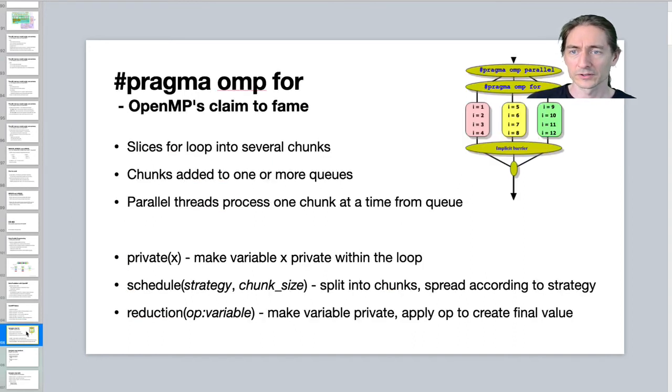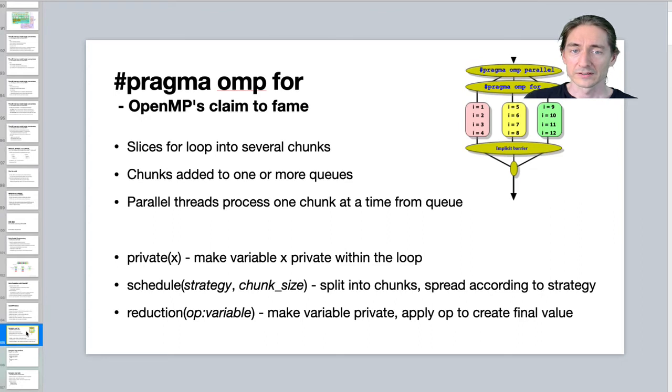The most popular and sort of the claim to fame of OpenMP is the omp for. So if before a for statement you say pragma omp for, now it knows that this coming for statement should be treated differently, and this does need to run inside of a parallel block.